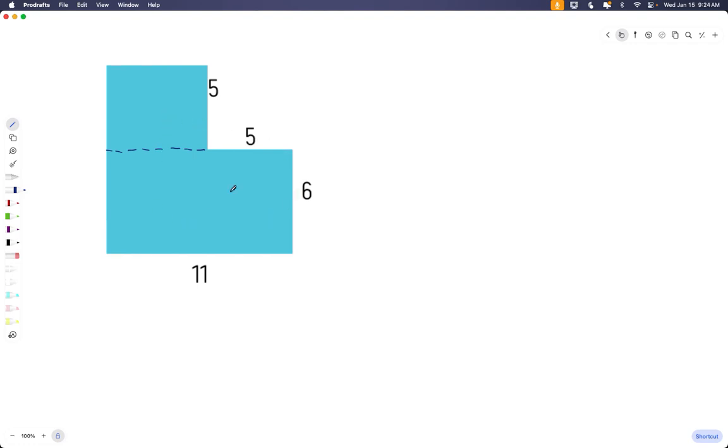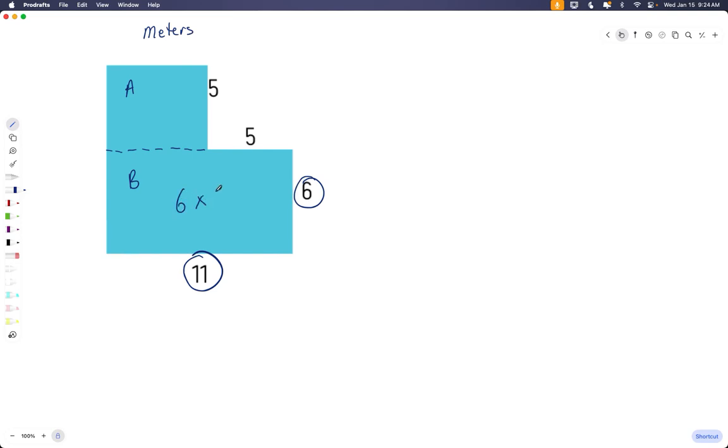So if I did that for this shape, this is the first problem you had, and these are in meters. I would find the dimensions of this bottom rectangle. Let's call the top one A and the bottom one B. The dimensions for the bottom one is easy to find because we know that this is 6 tall by 11 wide.